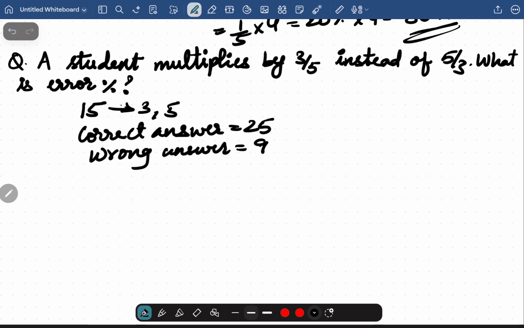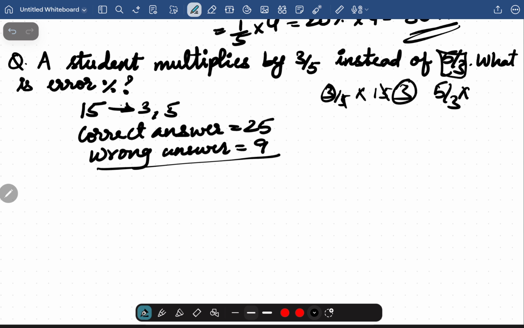So we assume the number as 15, and he multiplied by 3 by 5, which means 3 by 5 into 15. 5 ones are 5, 5 threes are 15, and 3 into 3 is 9. So it's the wrong answer instead of 5 by 3. So 5 by 3 is the correct answer. When 5 by 3 is multiplied by 15, we get 25.